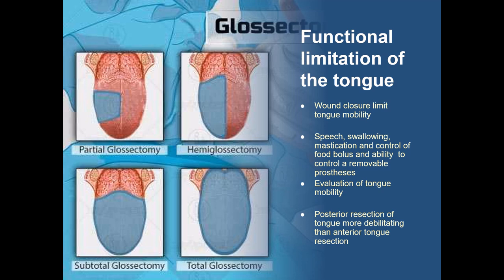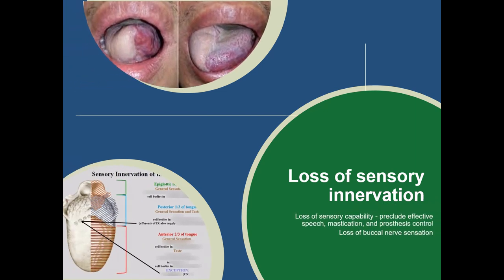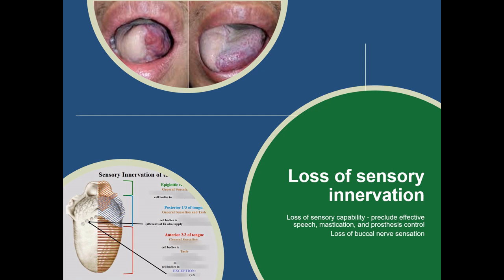Now, the loss of sensory innervation will severely compromise tongue function and the prognosis of prosthodontic rehabilitation. So, when the lingual nerve is sacrificed during resection, the tongue and the defect will permanently remain without any feeling, and this will affect speech, mastication and prosthesis control on the side of the defect.